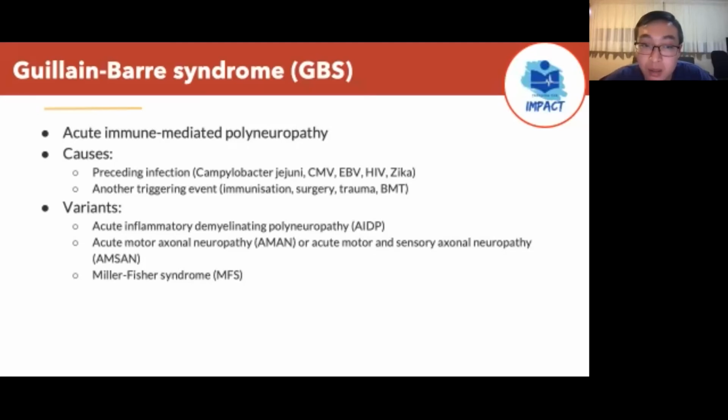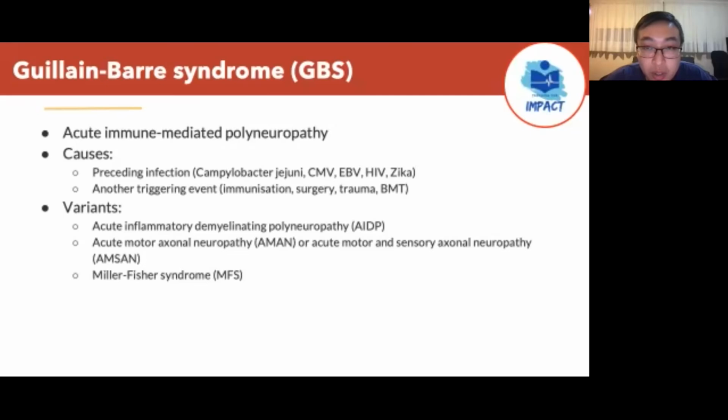As far as I'm concerned, two safety concerns with the AstraZeneca vaccine. One is VIPIT, and the second is potentially precipitating Guillain-Barré syndrome. And one safety concern with Pfizer, which is myocarditis and pericarditis. But these are very, very rare safety events.